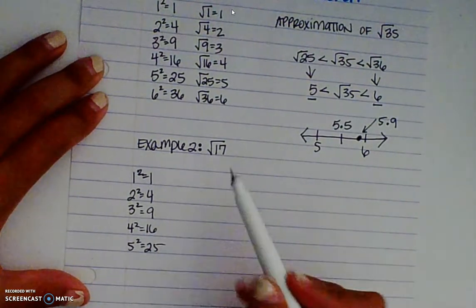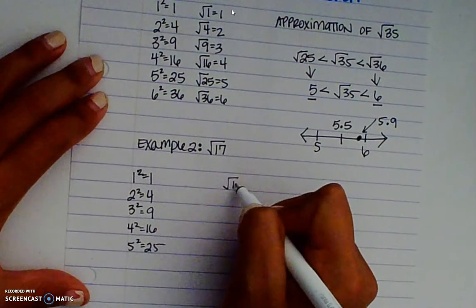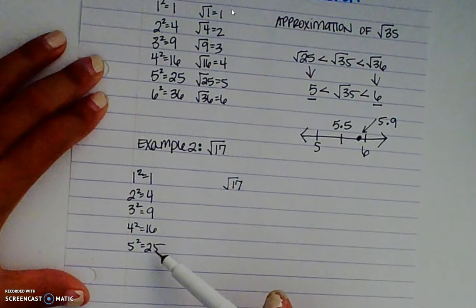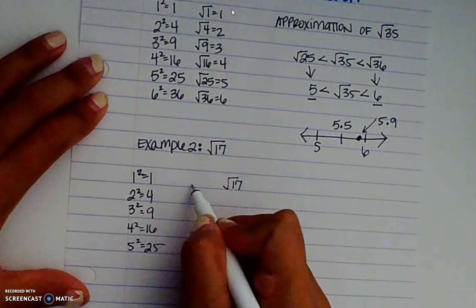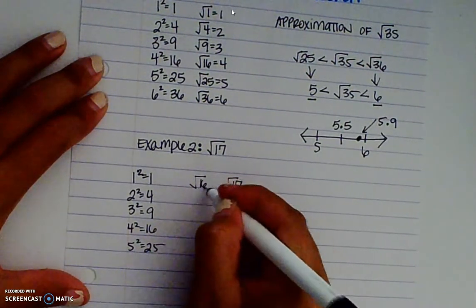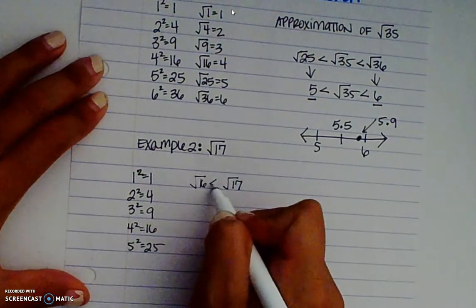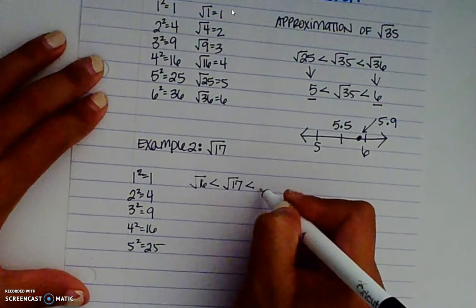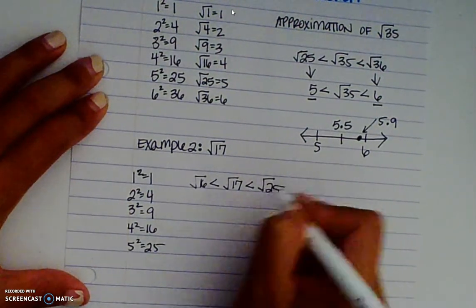So again, we have our square root of 17. We know that it's going to fall between 16 and 25. So I know it has to be greater than the square root of 16, but less than the square root of 25.